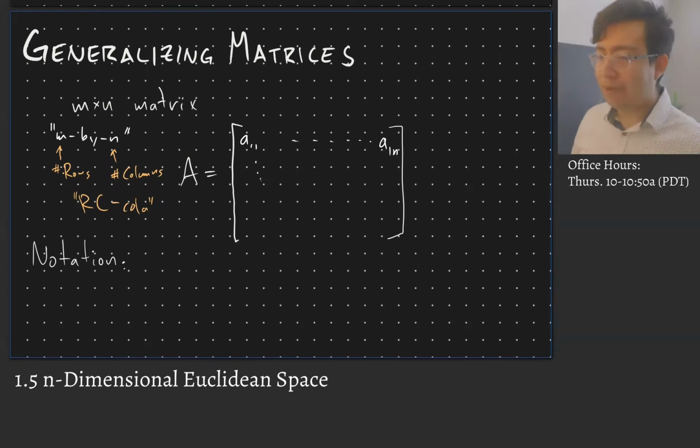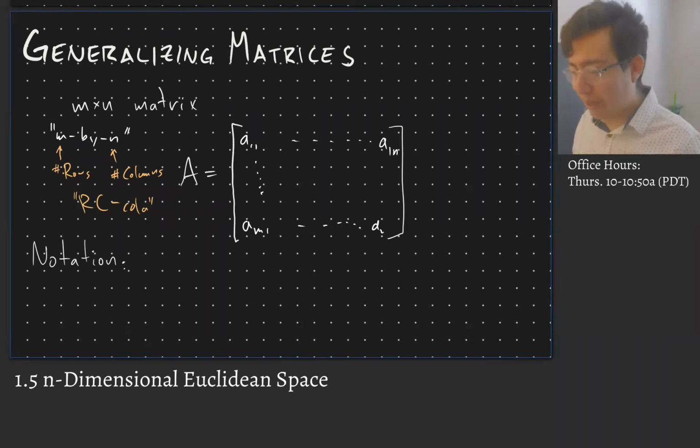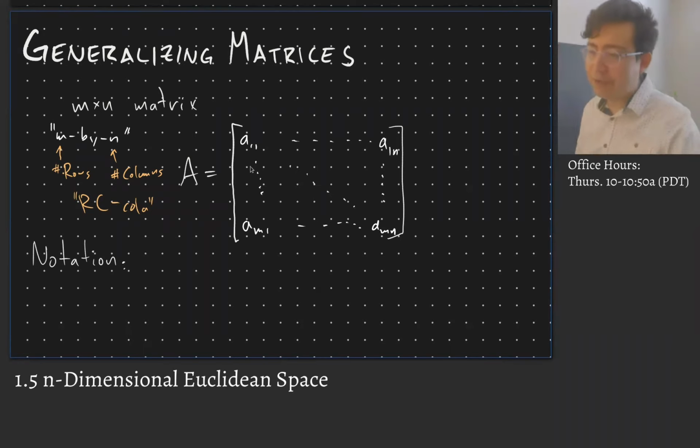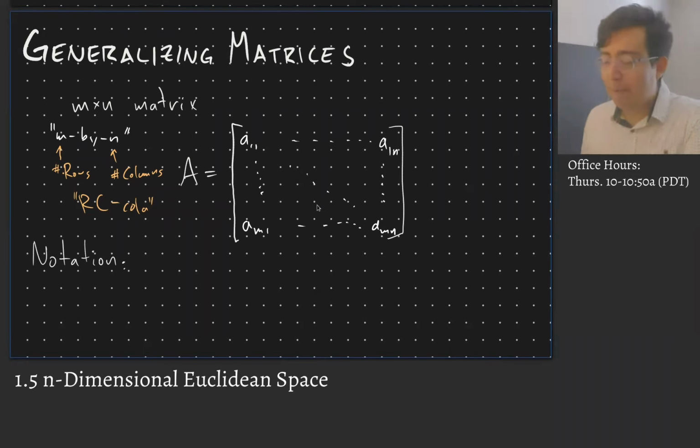If you go down here, you end up with AM1, because it's in the last row, and there are M rows, but it's still in the first column. And then all the way down here, you get AMN. Here is your matrix. This is very common, where I highlighted a few entries and then put dots everywhere in between to say that it just follows that pattern.